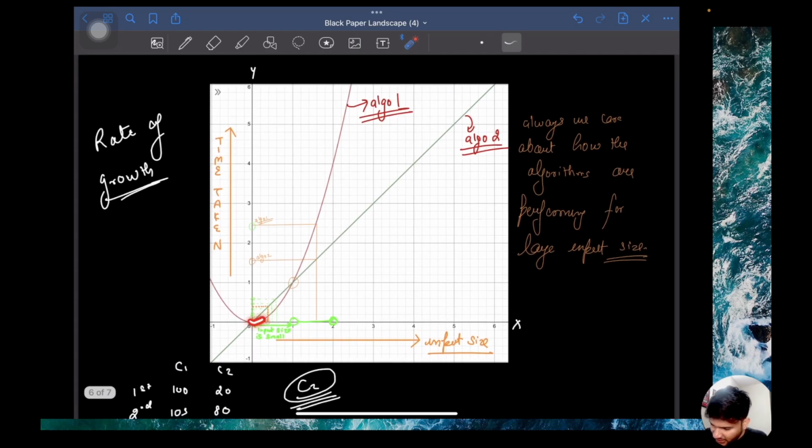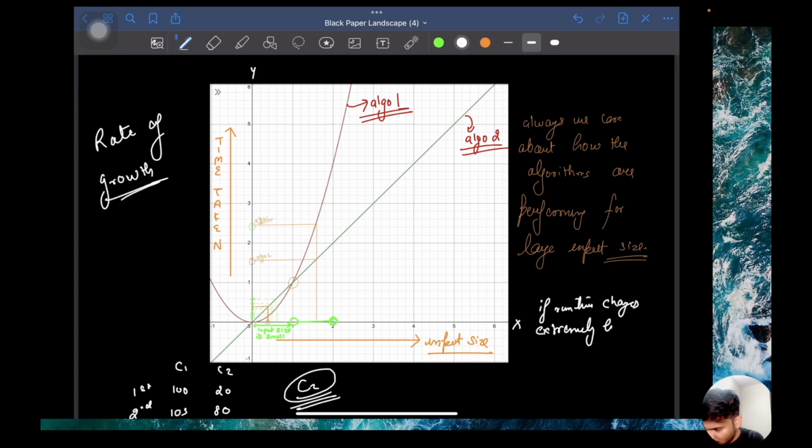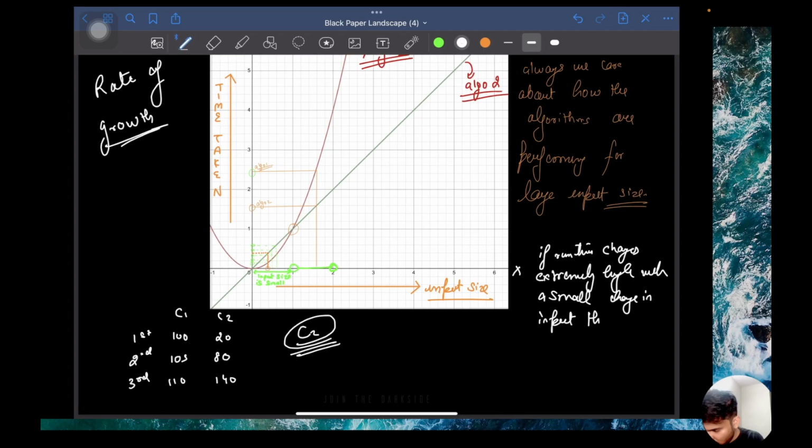Similar thing is here. If your running time is increasing extremely fast with a very small change in the input, see this. If runtime changes extremely high with a small change in input size, then growth is high, right?